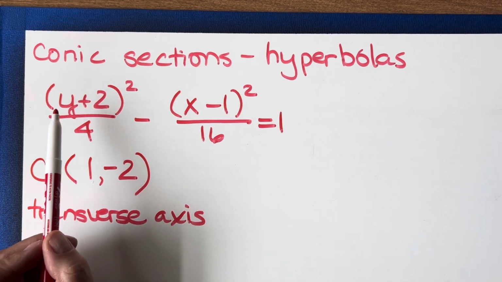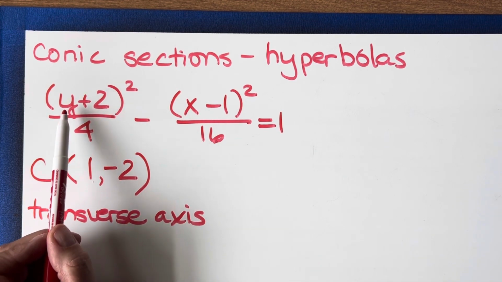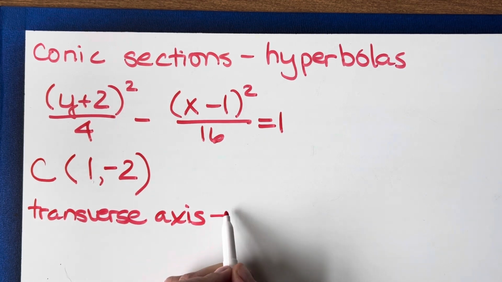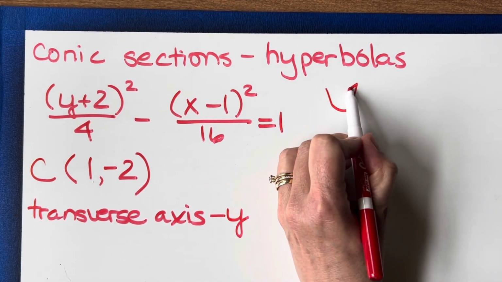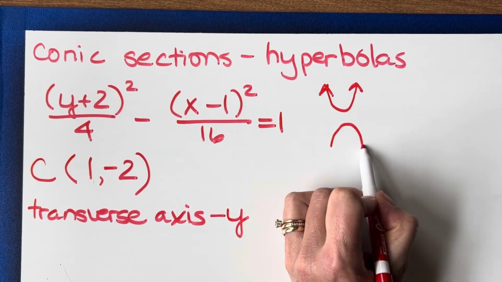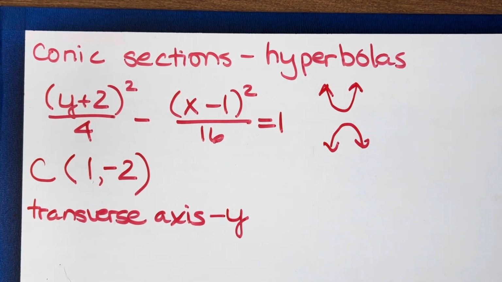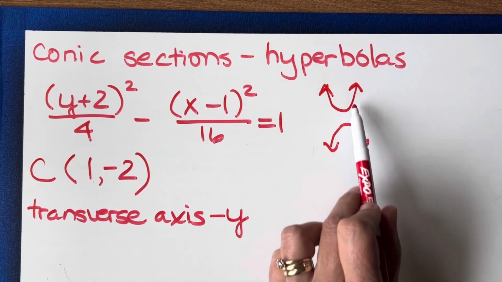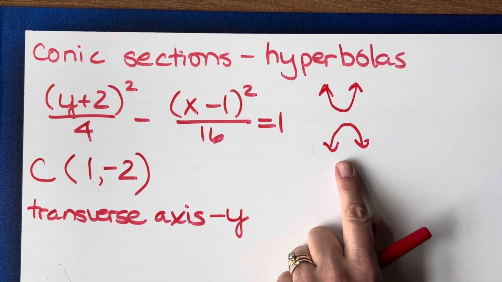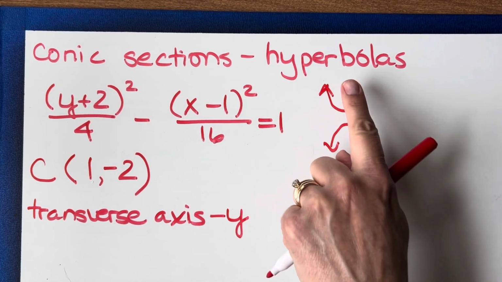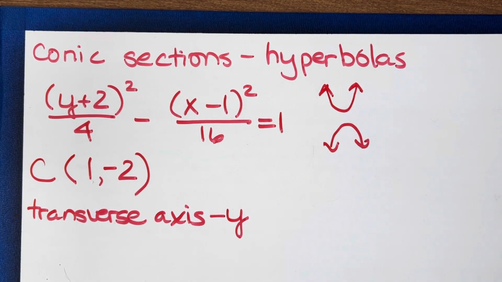So in this problem, I have the y variable in the first fraction, so my transverse axis is the y-axis. And so what that tells me is that my hyperbola is going to open both up and down. So that's another difference. A hyperbola looks like it is actually two separate parabolas that are opening in opposite directions from each other in relationship to that y-axis. So that's the transverse axis.